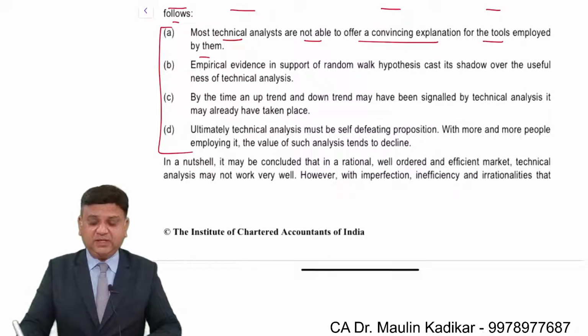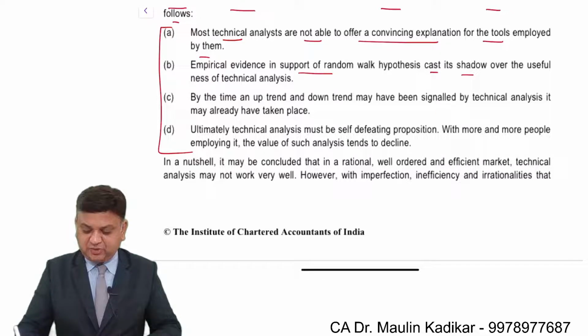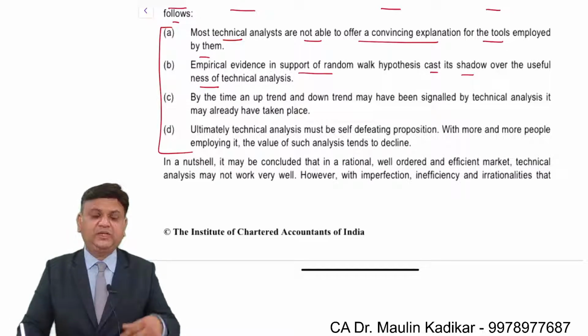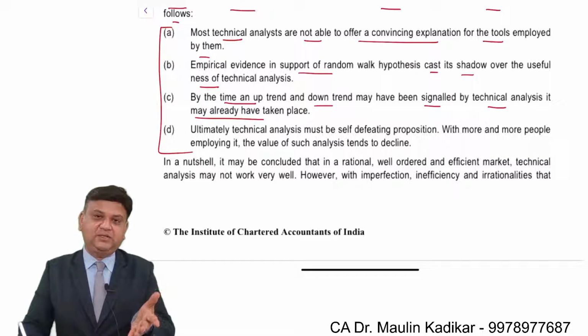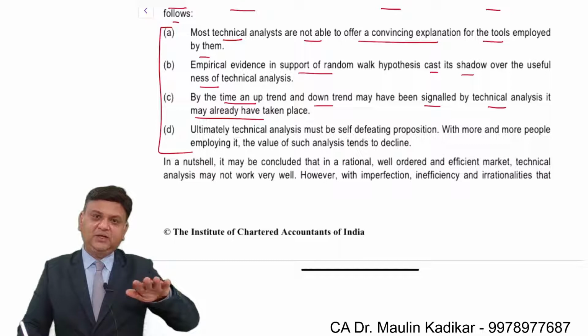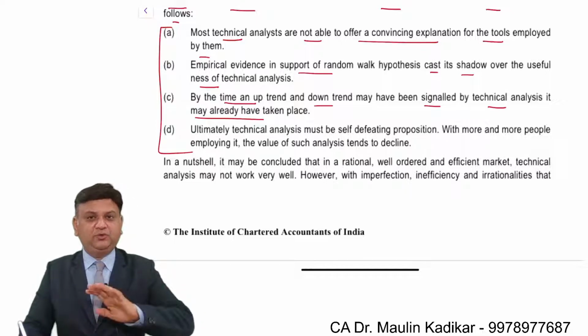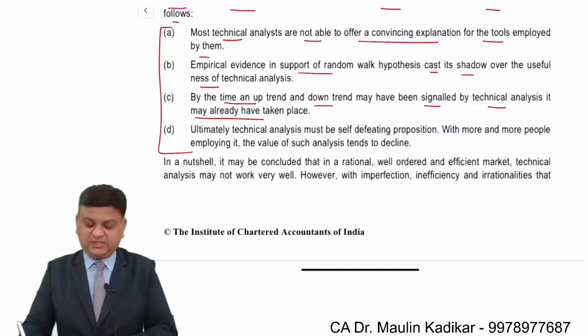Empirical evidence in support of the random walk hypothesis casts its shadow over the usefulness of technical analysis. By the time an uptrend or downtrend is signaled by technical analysis, it may already have taken place. So using the past for doing something in the future does not make sense. That is what it says.